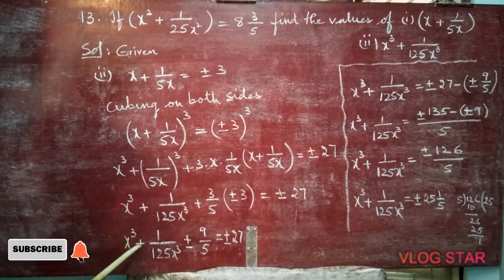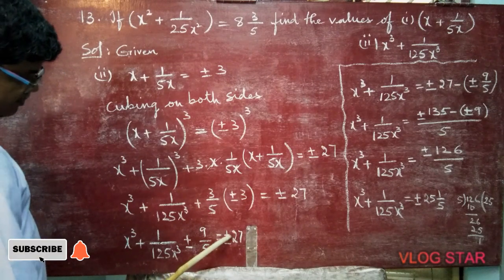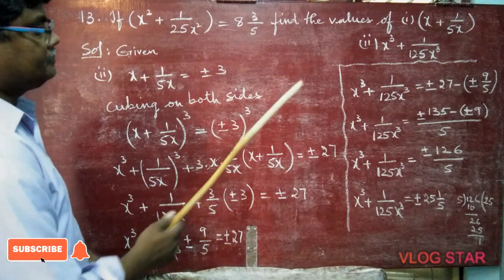Now x cube plus 1 by 125x cube plus or minus 3 into 3 by 5, multiply numerator with numerator, 9 by 5 is equal to plus or minus 27.